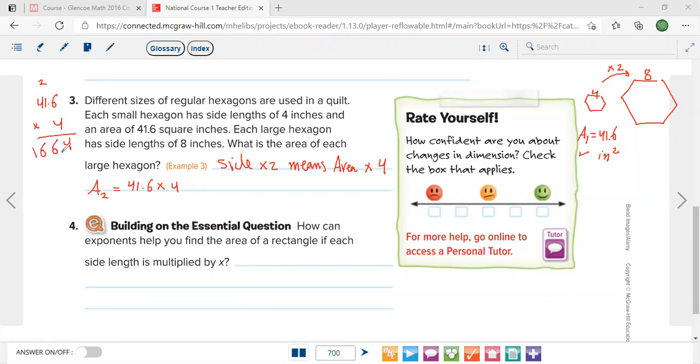Decimal point after one digit, so it will give you the area of the big hexagon, 166.4 inch square. And this is the most important type of problem you should focus on in this lesson.